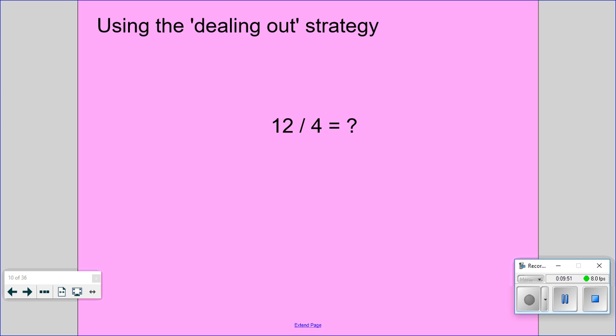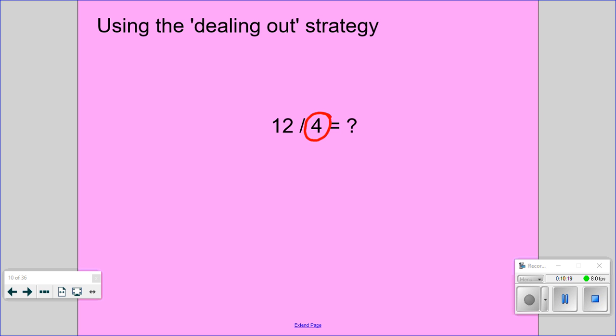Alright, when I'm using the dealing out strategy, I actually need to look towards that second number in my equation. This is the number I need to focus on right here, that 4. Why do I need to focus on that number first?